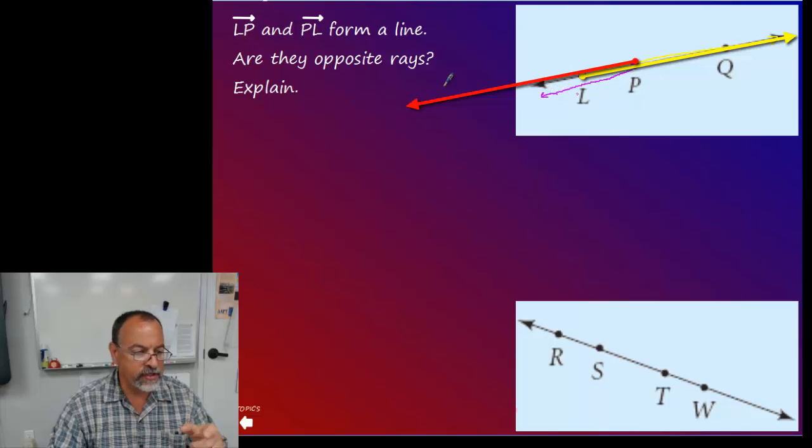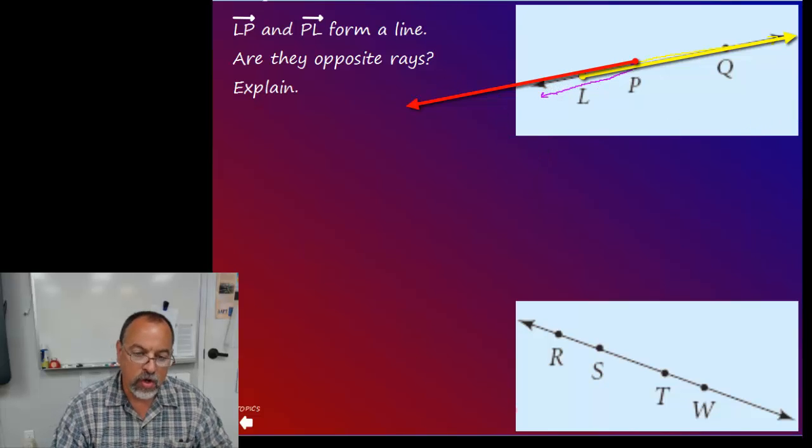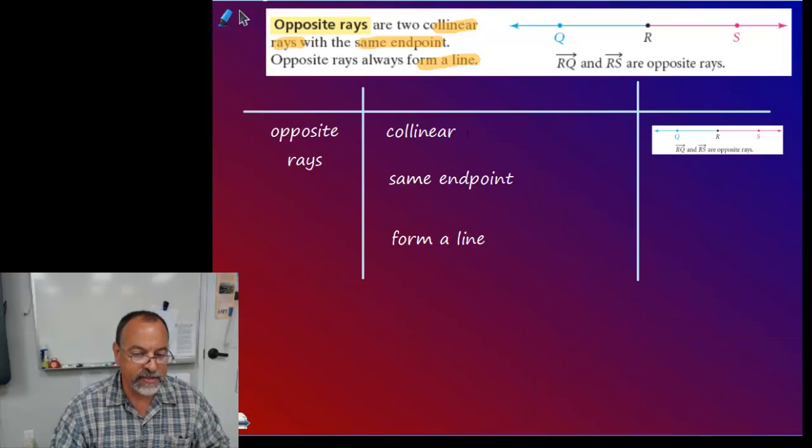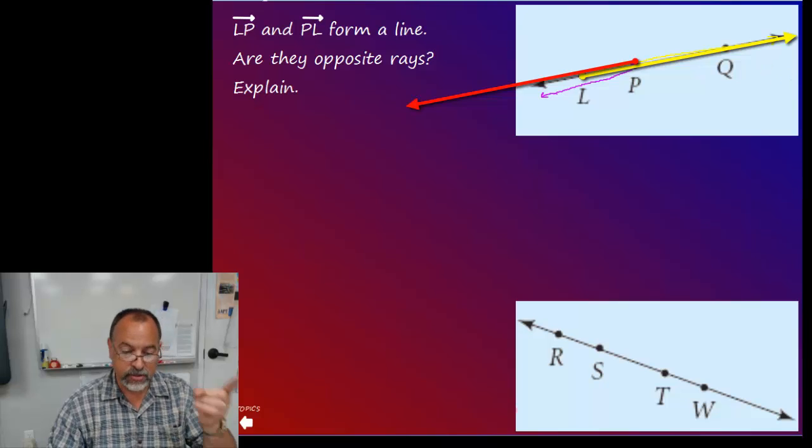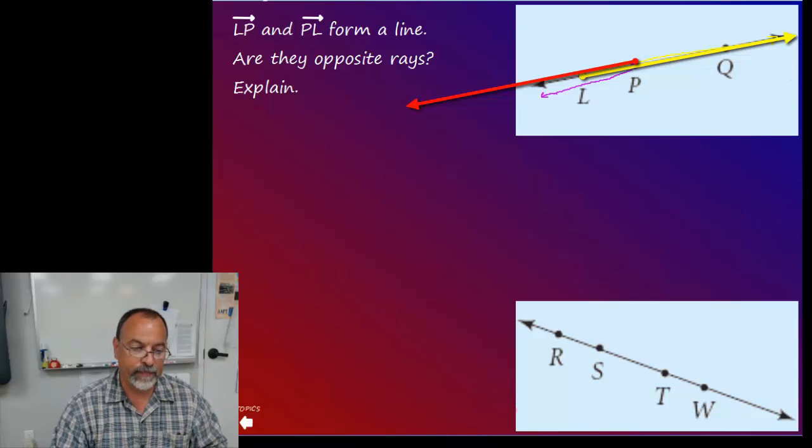So these are on the same line. Are they opposite rays? Well, let's look at our definition. First of all, opposite rays must be collinear. So as I look at LP and PL, are these 2 rays collinear? Yes, they're on the same line, so that part of the definition is true.